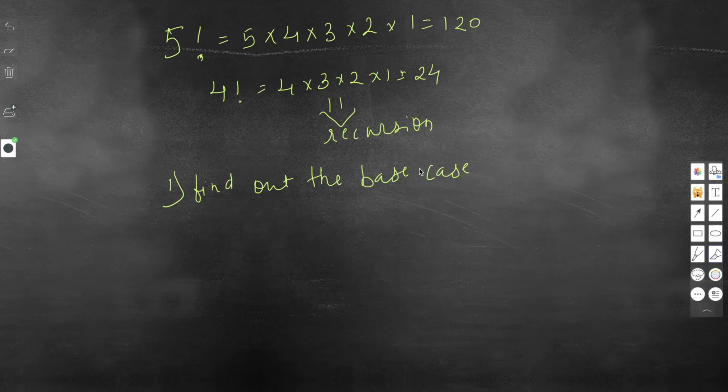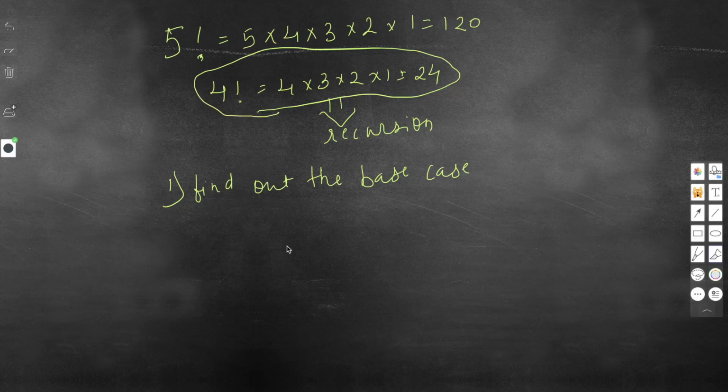Let's try to find out for 4 factorial. If I want to calculate 4 factorial, it depends on 3 factorial, 2 factorial and 1 factorial. 3 factorial depends on 2 factorial, 1 factorial. 2 factorial depends on 1 factorial, that's it.